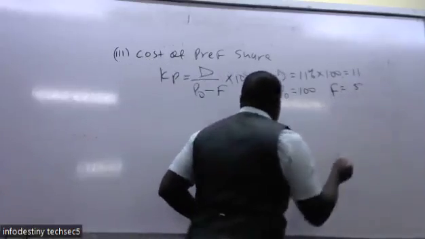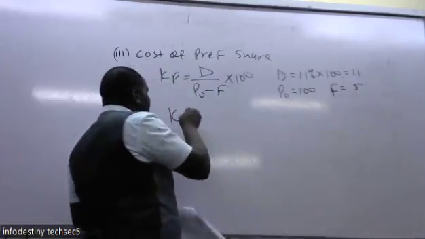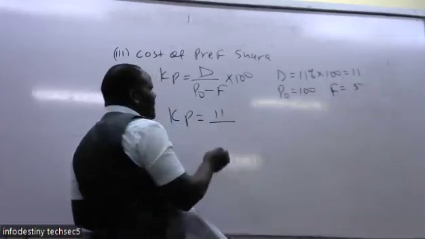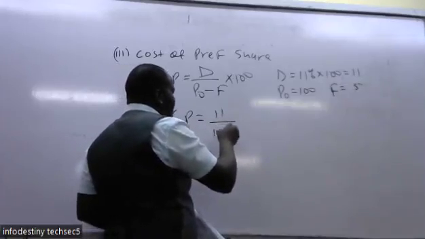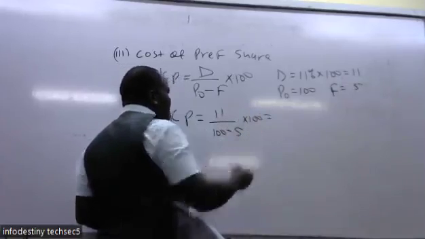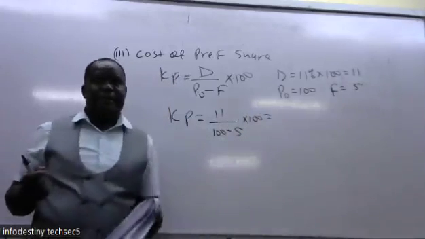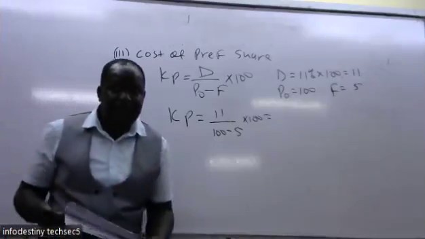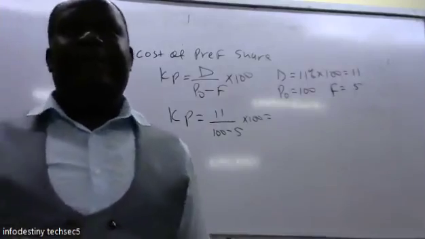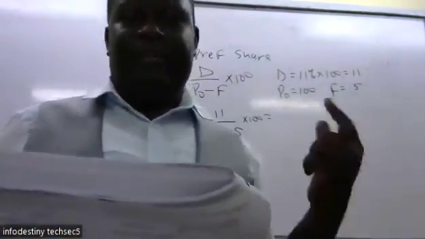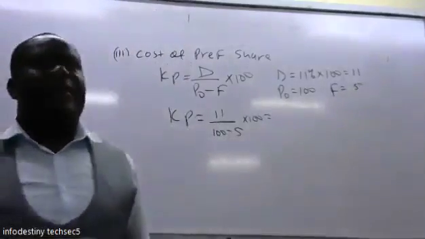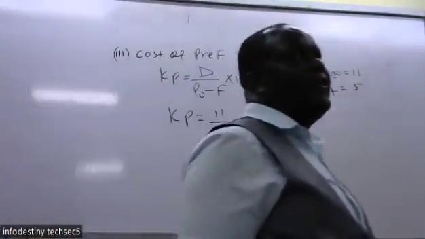So now we can get our cost: 11 divided by 100 minus 5, expressed as a percentage, is 11.58. So that is now the cost for the preference share.